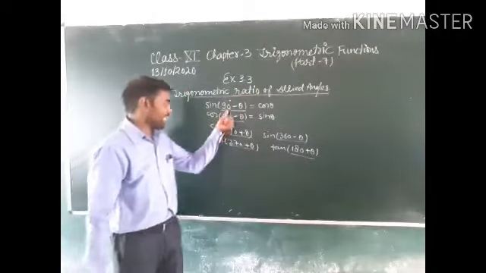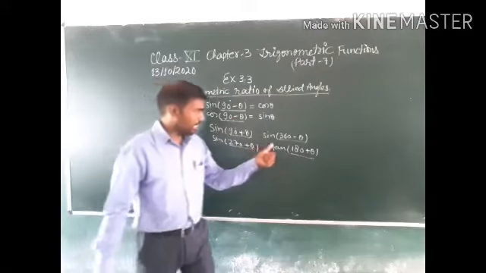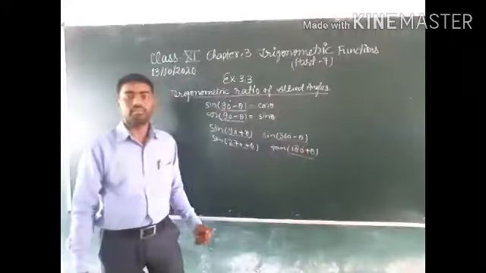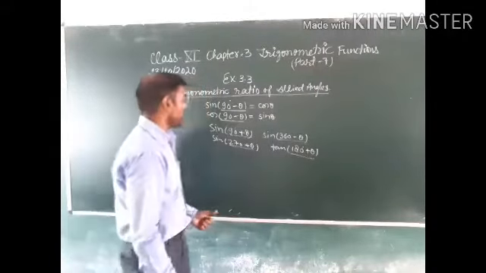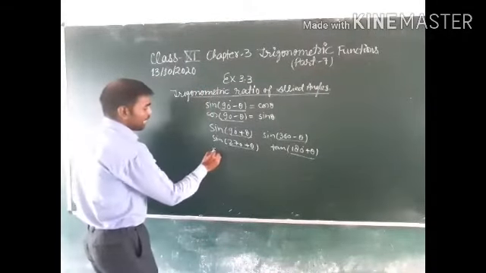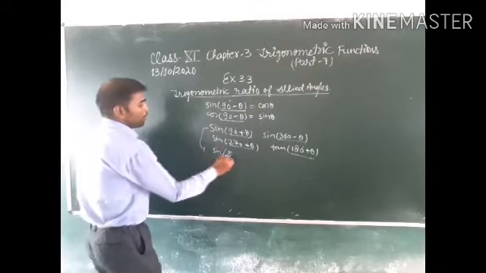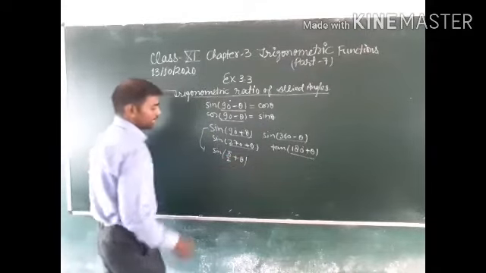This 90, 270, 360, 180 is angle measured in degree. You can also write this as sin pi by 2 plus theta.